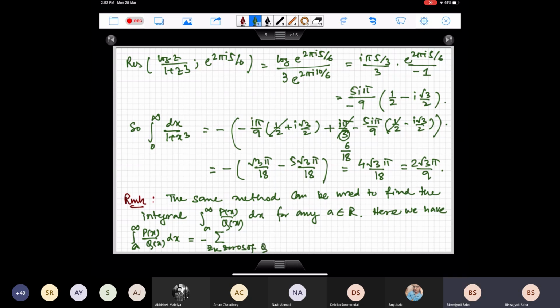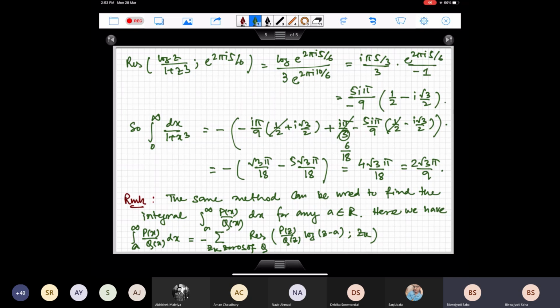We need to sum that residue of, this time, like I said, it was pz divided by qz times log z. This time with log you have to be slightly careful, so this has to be pz divided by qz into log of z minus a at zk.